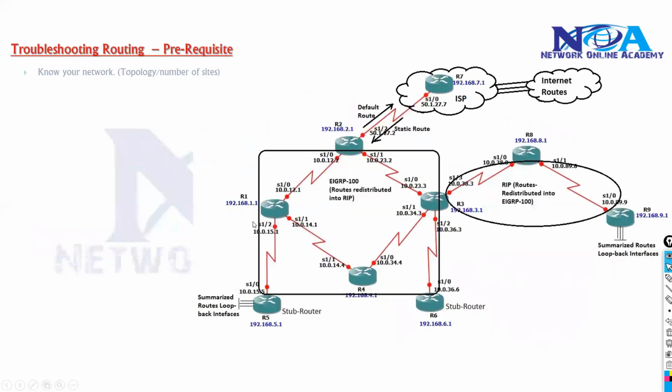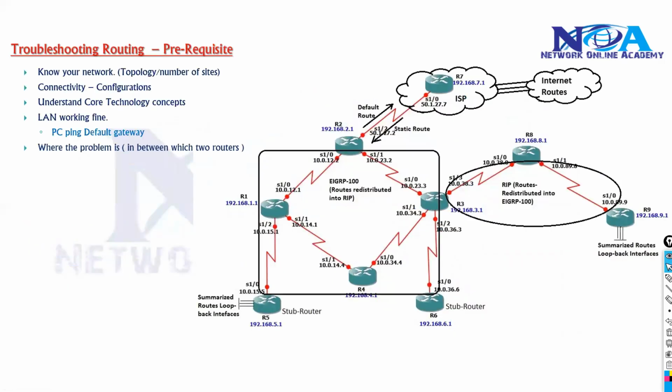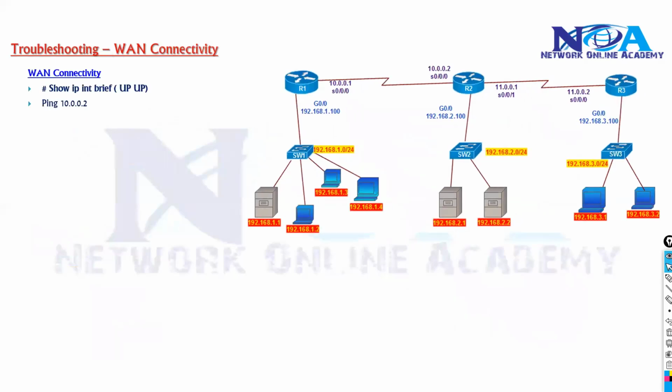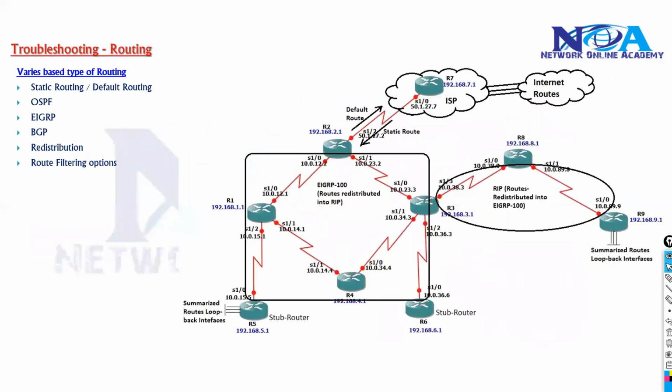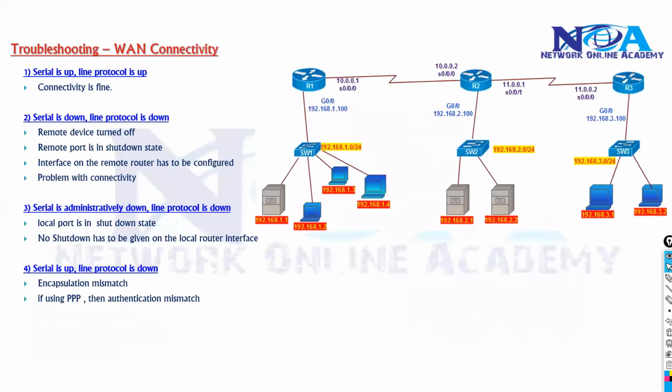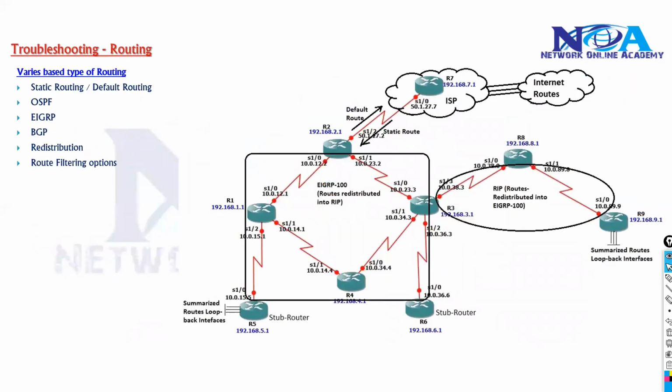We discussed the prerequisite things we need to know in the previous sections. We also need to ensure that WAN connectivity is up and up, what the possible outputs are and how to troubleshoot them. After this, depending upon what type of routing we are using, the steps will vary.